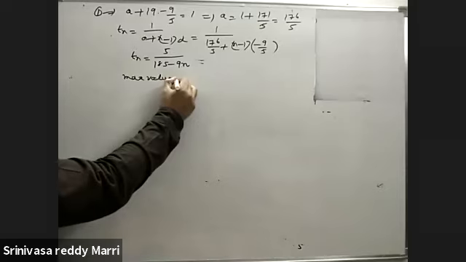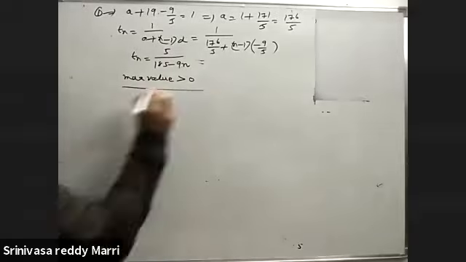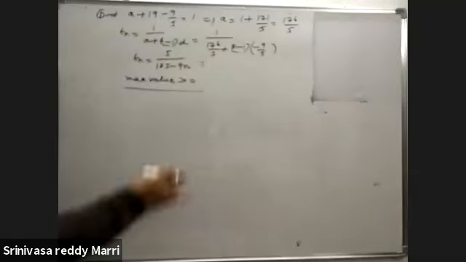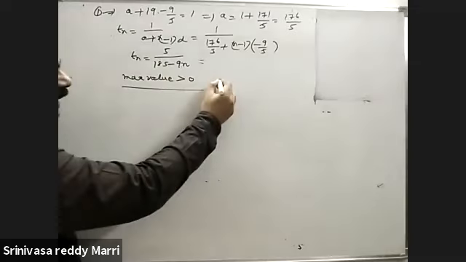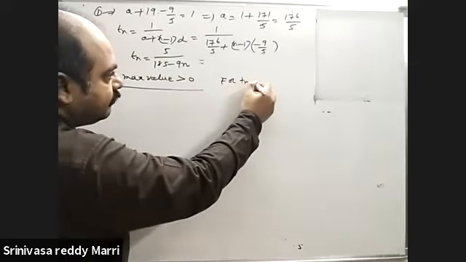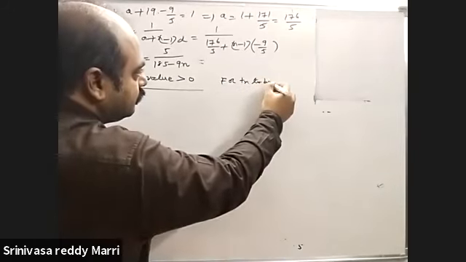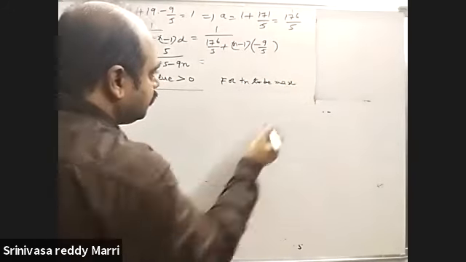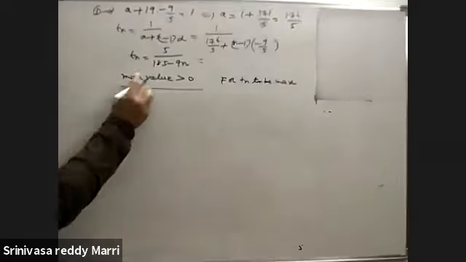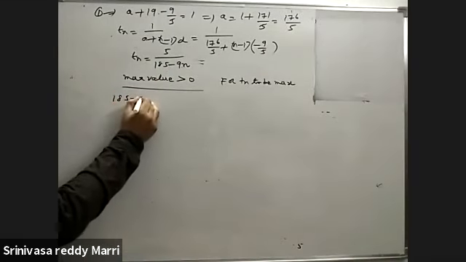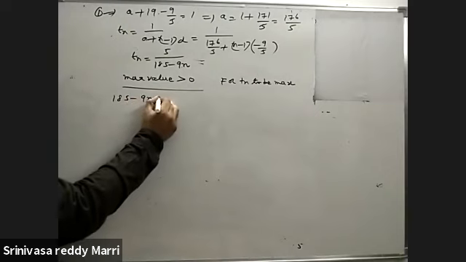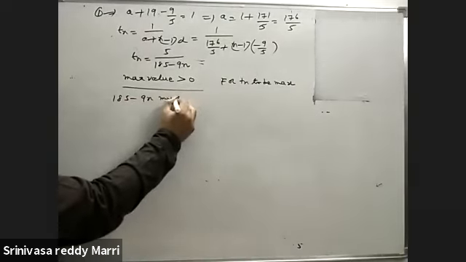If you look at, for Tn to be maximum, this denominator, 185 minus 9n, must be minimum.